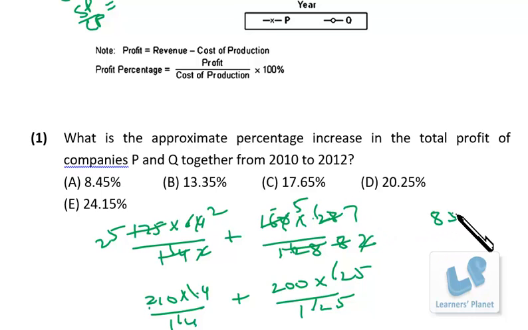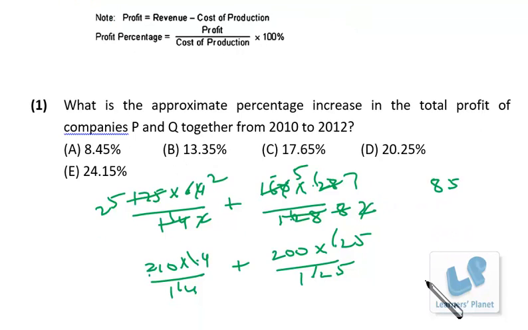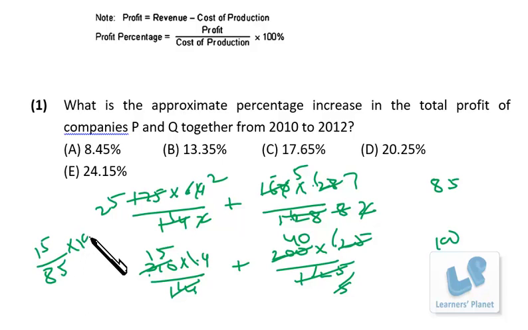So that's 85 and this 100. So from 85 it's becoming 100, an increase of 15 over 85. So 300 by 17. 17 squared is 289 and 300 is a bit more than 289, so the answer will be a bit more than 17. Among the options we have this, right? So I hope this is clear.